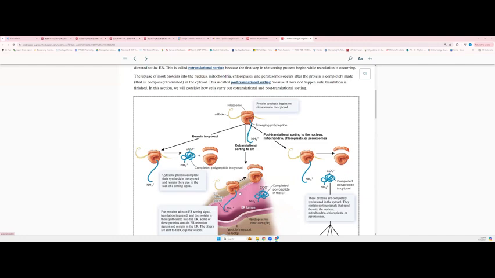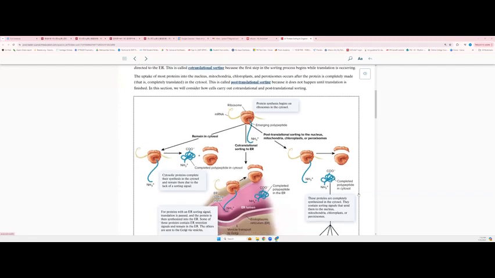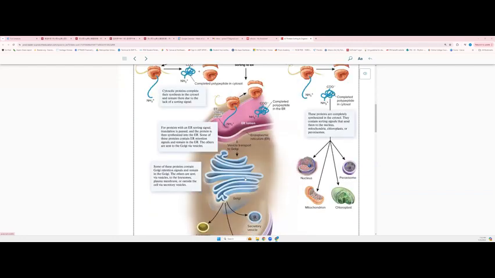But for post-translational sorting, the protein is completely synthesized within the cytosol with the help of the ribosome, and after it's completely synthesized, it is sent to the nucleus, mitochondria, and the different destination organelles.